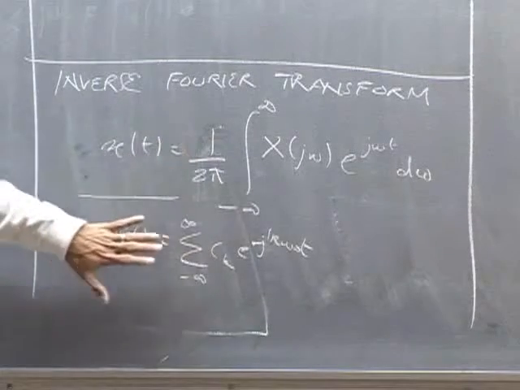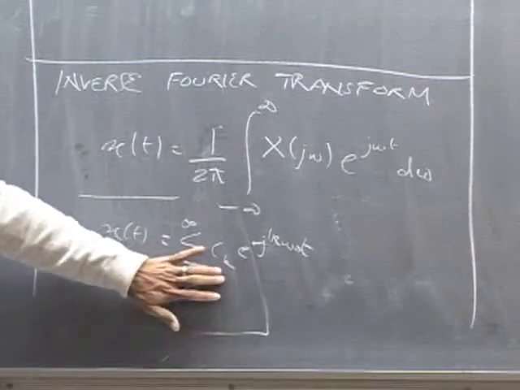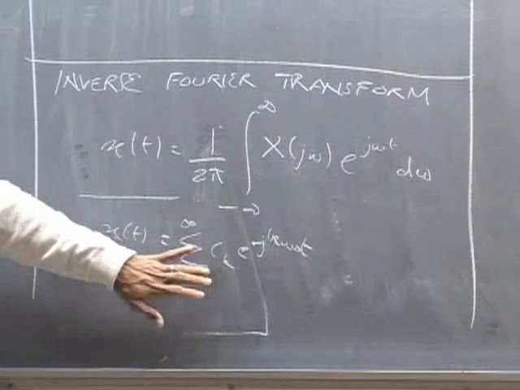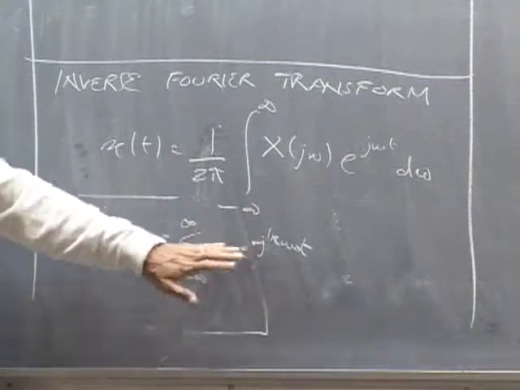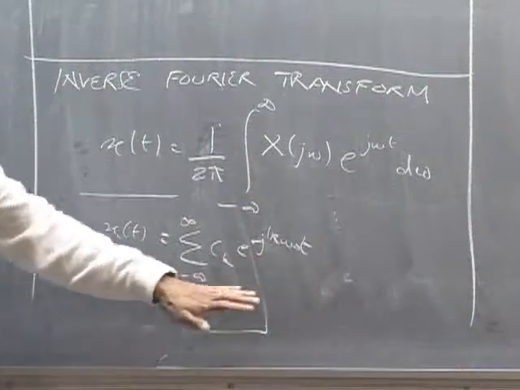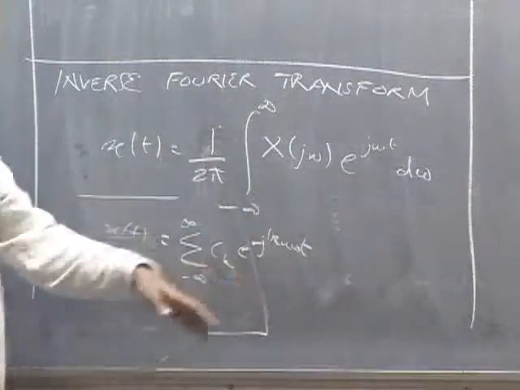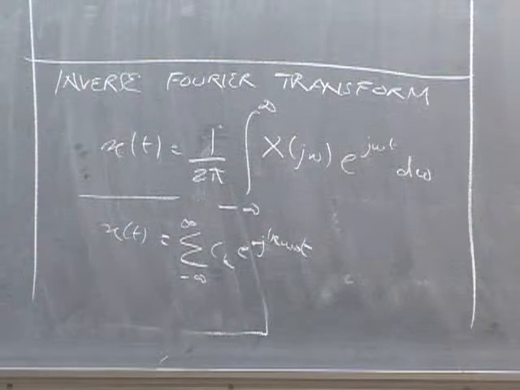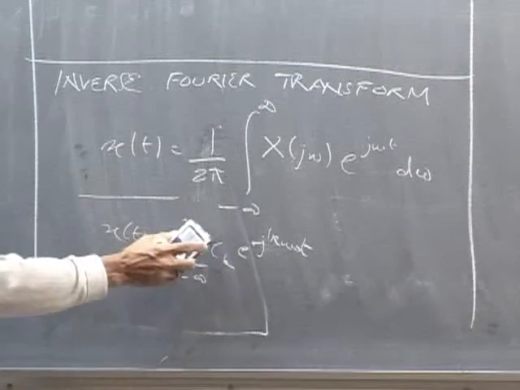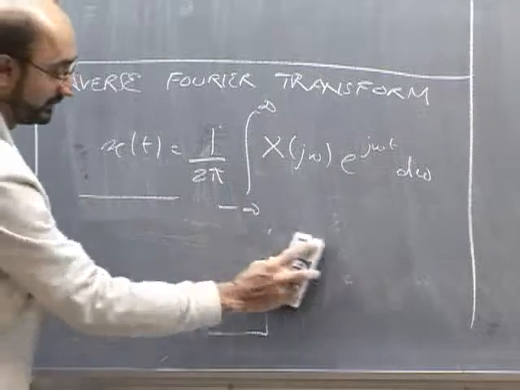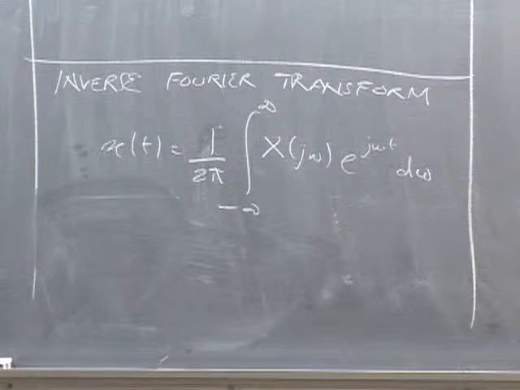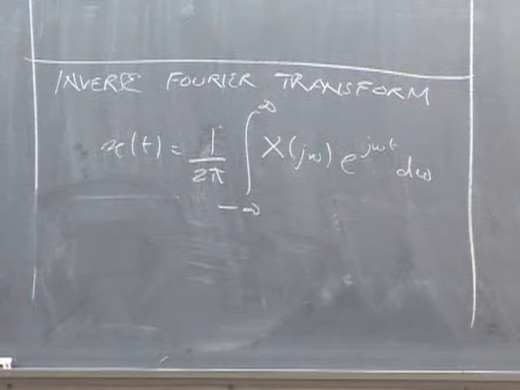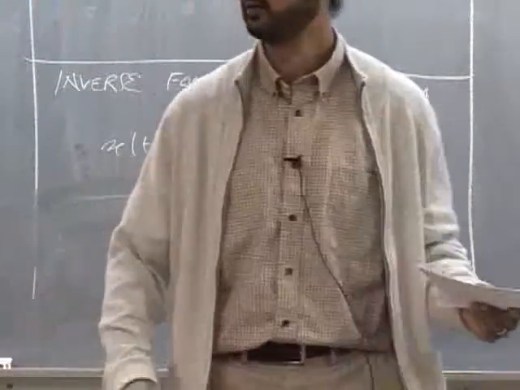Forget about the 2π for now. The c_k goes away because we can't define it anymore. Instead, we're getting X(jω) e^(jωt) dω. Then c_k you have to substitute over here, and you'll get something similar to this. I just wanted to compare the form. We're going from a summation to an integral, and that tells us how to compute the inverse Fourier transform. Okay. Any questions about this so far?